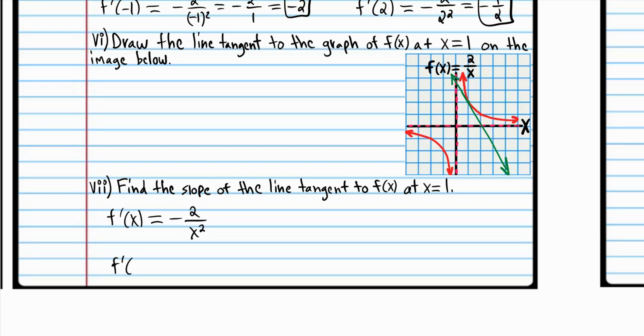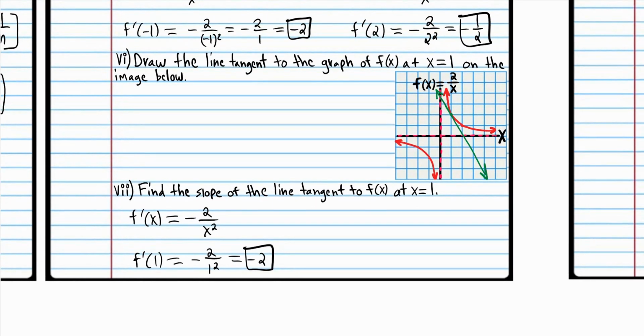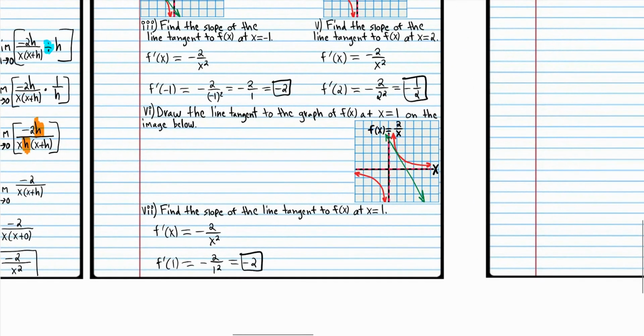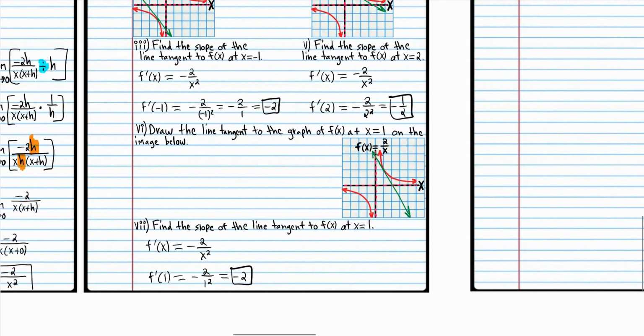So f prime of 1 is equal to negative 2 over 1 squared, which is negative 2. So we found the instantaneous rate of change of the function, or the y values of the function, at that particular point, which is interpreted as the slope of the tangent line to the graph at that point.